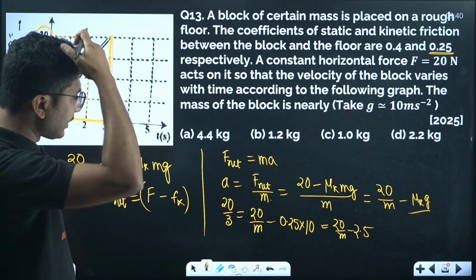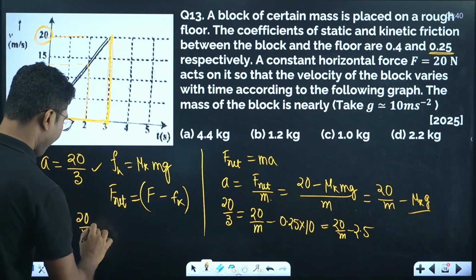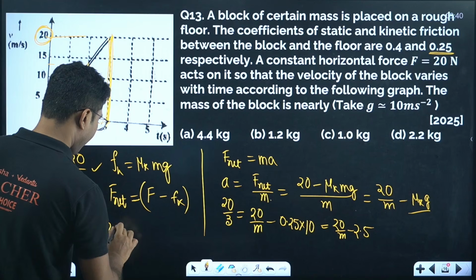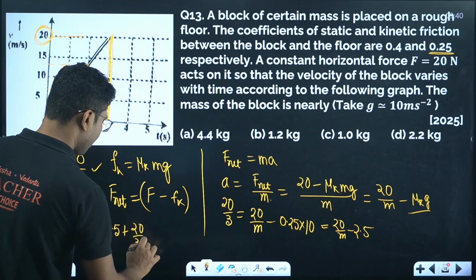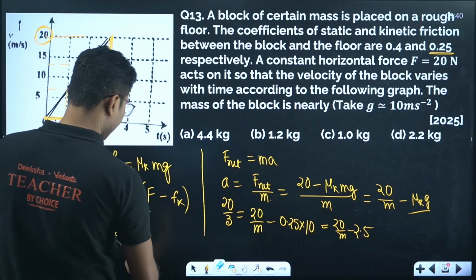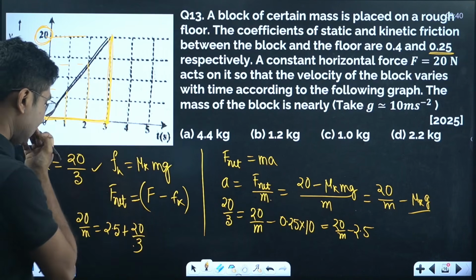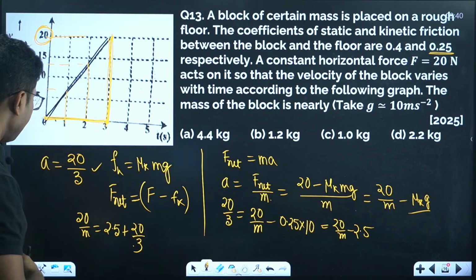Now we can calculate the mass as well. So 20 by m equals 2.5 plus 20 by 3. Now this calculation can be tricky. Just let me simplify this.